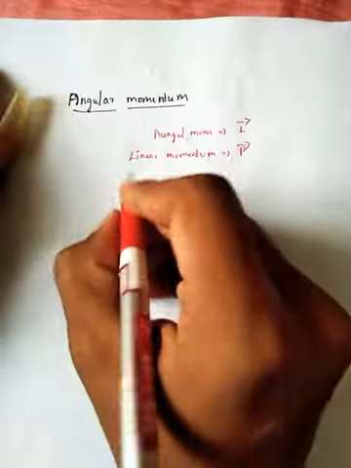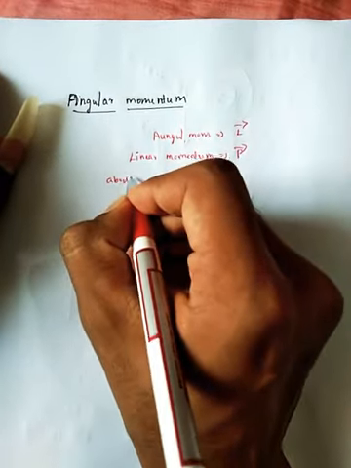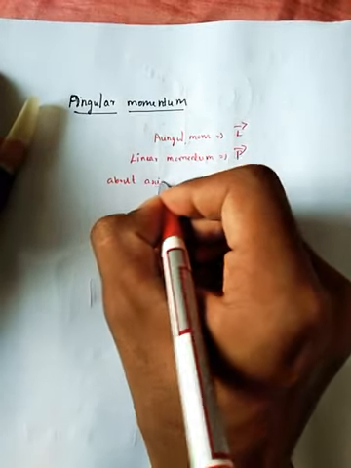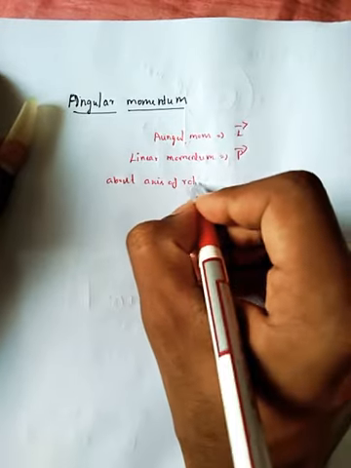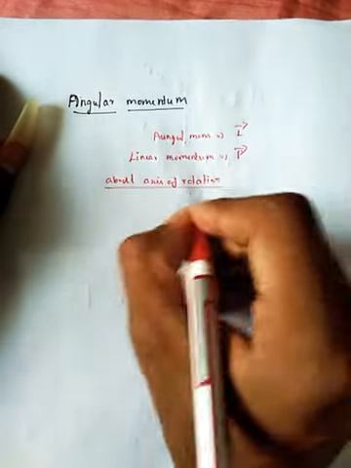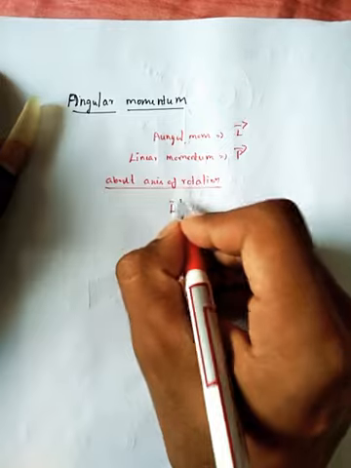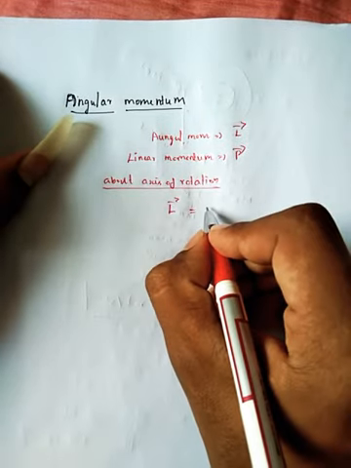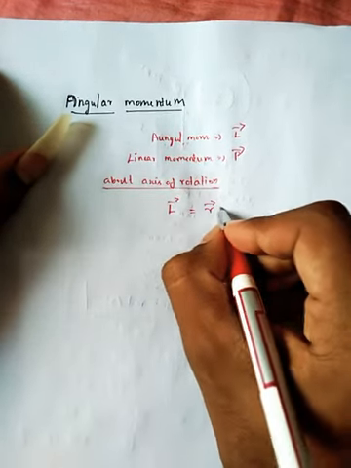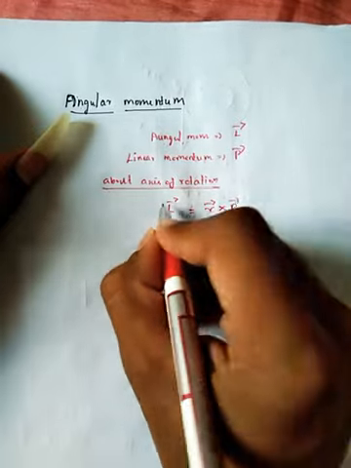About the axis of rotation, the angular momentum L vector equals R vector cross product P vector.